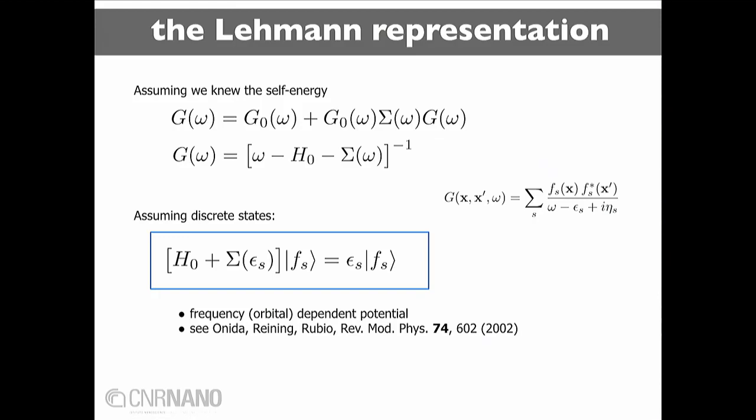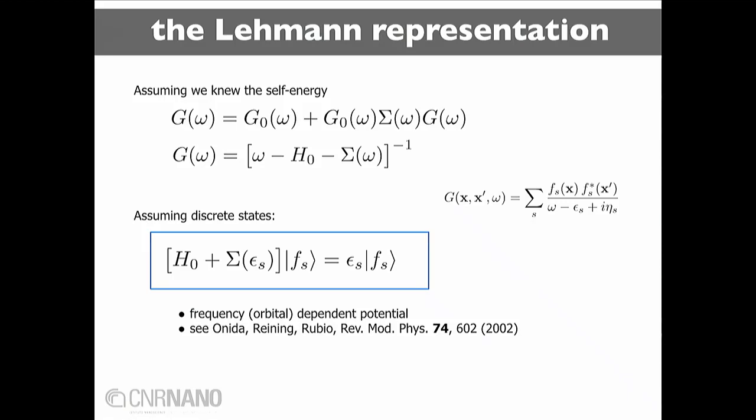But for discrete states we can. And the main point is: what is the equation obeyed by the Dyson orbitals? Well, it's pretty much a Schrödinger equation, except that the self-energy is here and plays the role of a potential. But the self-energy is frequency dependent, and basically each orbital feels a different potential, feels the self-energy at exactly its own eigenvalue.